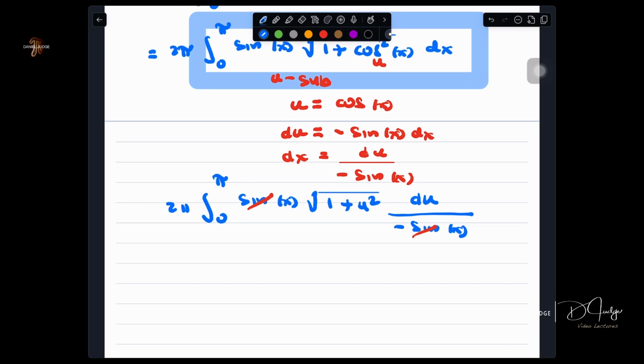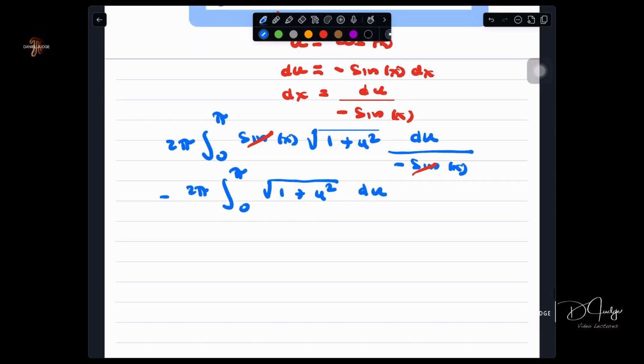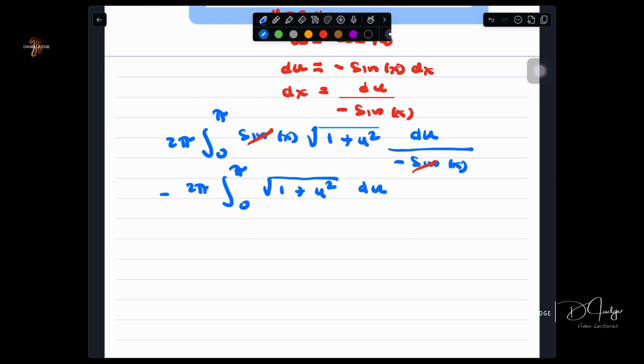And let's bring down the 2 pi. Okay, we're going to try to bring that down. And we're going to pull out the constant here. Okay, so it looks like we have 1 plus u squared du. Now, this is what I'm going to say when we integrate.